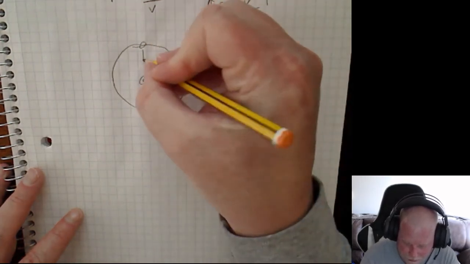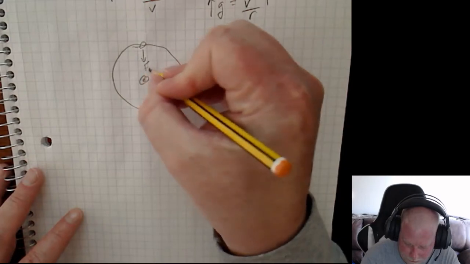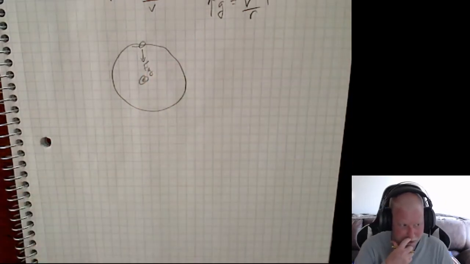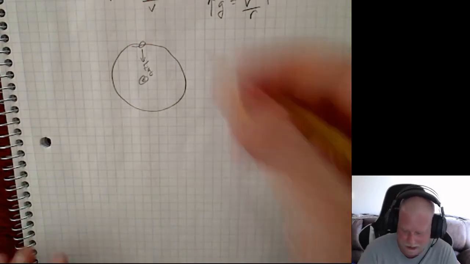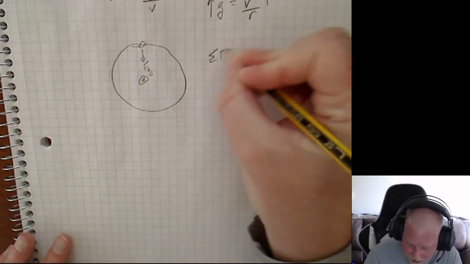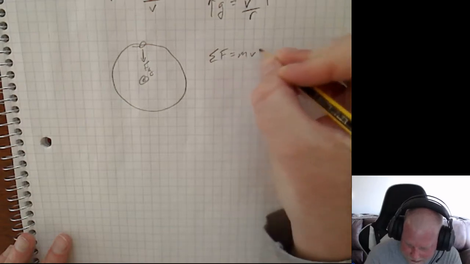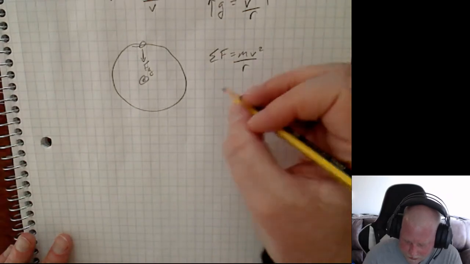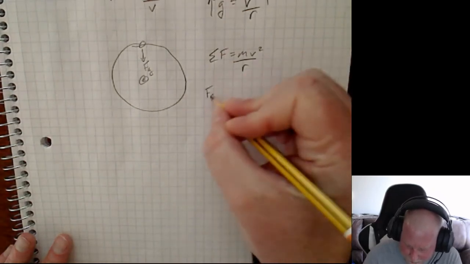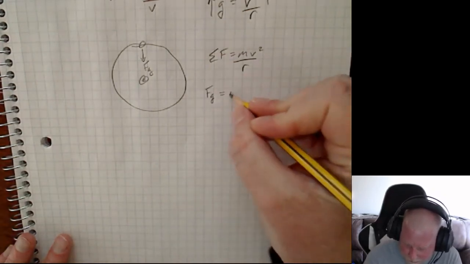Well, the only force acting on that moon orbiting the Earth is that force of gravity. Right? So if we look at Newton's second law, that net force equals mass times acceleration. Well, our net force in this case is the force of gravity.